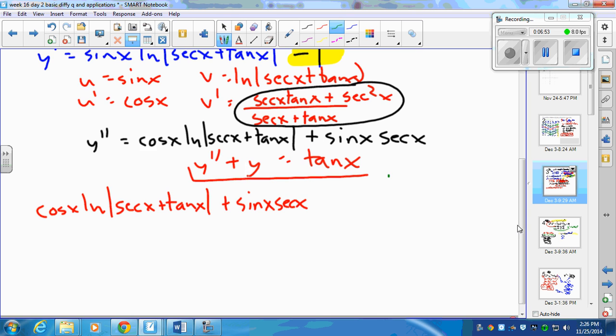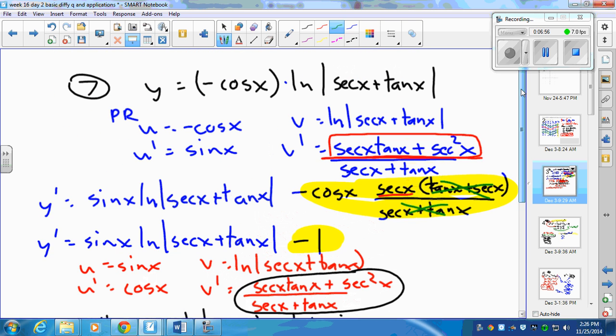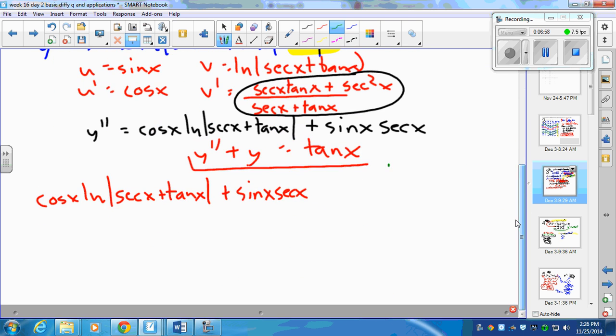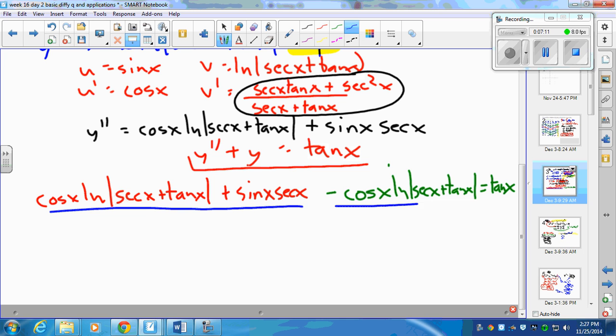And my y way up at the top is negative cosine x times ln of secant x plus tangent x. And I hope that all equals tangent x. That's y double prime, that's y, and I'm trying to see if it equals tangent x like it is supposed to.